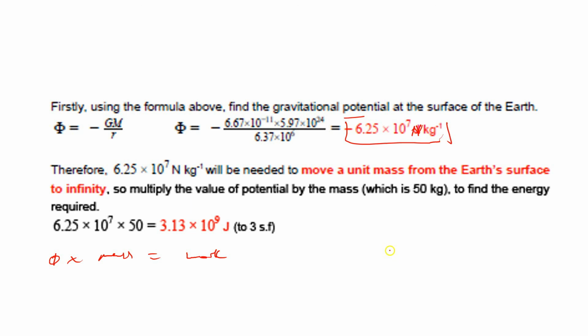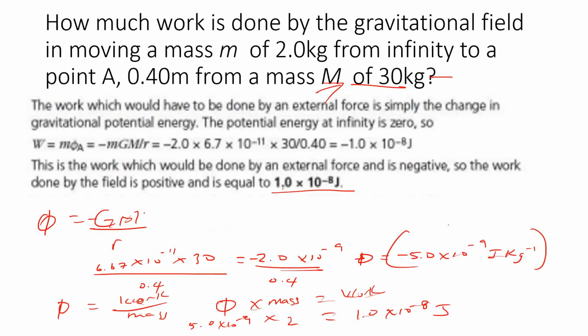So rather than a minus sign, you'd have a plus sign. The overall energy is going to be 3.13 times 10 to the 9 joules. All you're simply doing is taking the gravitational potential, multiplying it by the mass of the object, and that will determine the amount of energy that is really required to move this mass to a certain point in the gravitational field. Okay.